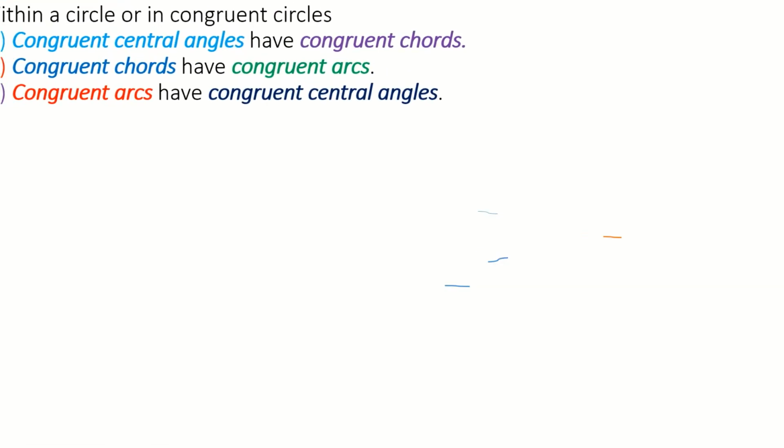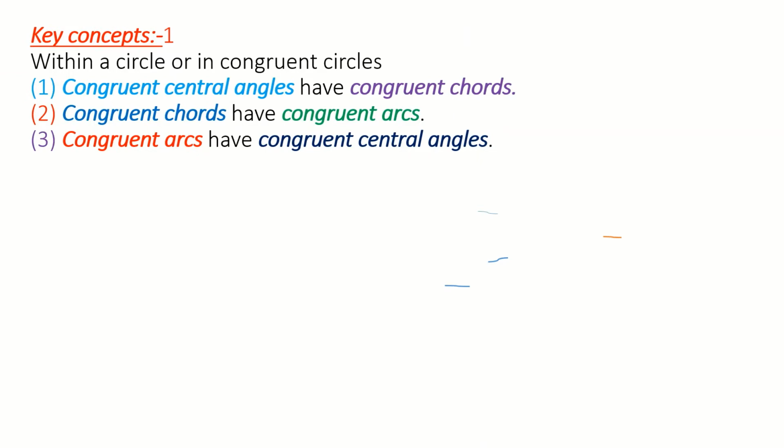Now let's see some important concepts or terms of this lesson. Concept 1: within a circle or congruent circles, congruent central angles have congruent chords. Congruent chords have congruent arcs, and congruent arcs have congruent central angles.